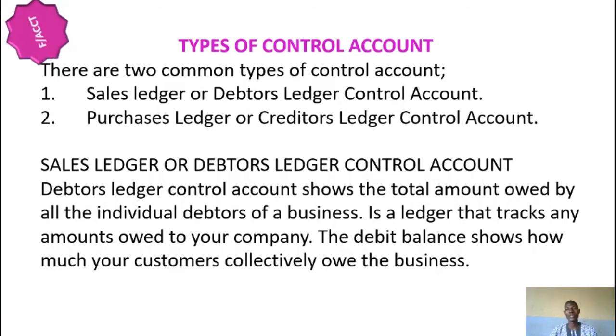And I also mentioned we can use it to ascertain the debtors balance. We can also use it to ascertain the value of creditors balance. I sold this item, this item, this item.